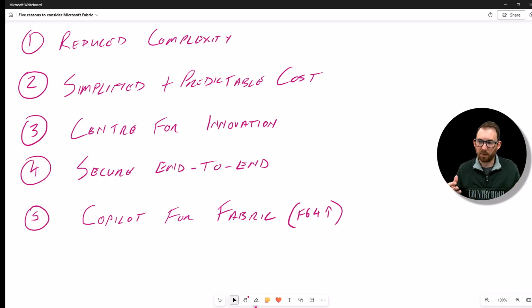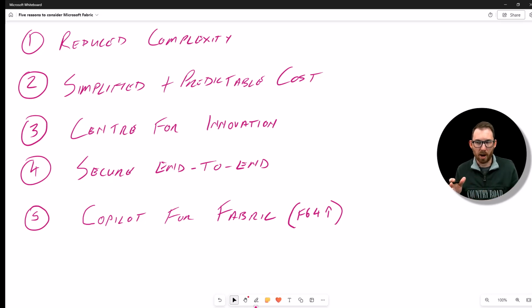There's other things I'm sure I talk to customers about, but these 5 things are really highlighted in the benefits of Fabric. It's the reduced complexity compared to what we've done to date, especially in the Microsoft ecosystem. Simplified and predictable cost, which makes it much easier to understand what you need to spend. The center for innovation, which is where I feel Microsoft's going to put more of their effort into, and we'll see new things come out.